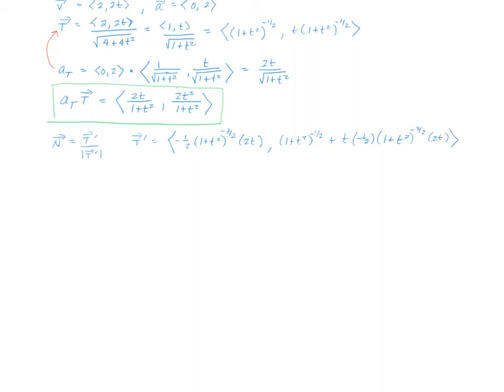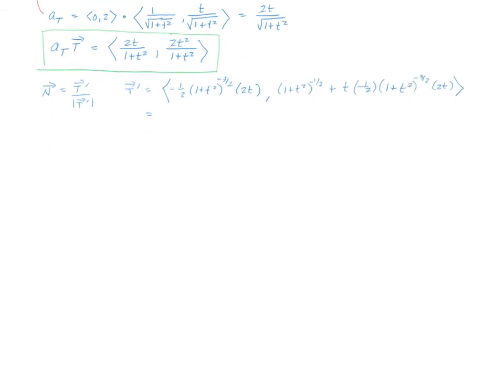Let me go ahead and simplify this. Let's see, first component, I got some 2's canceling. It looks like it's going to be a negative t over 1 plus t squared to the positive 3/2 if I make it a positive exponent, comma.